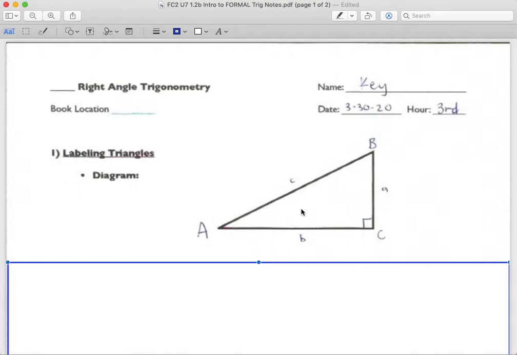Our vertices, the corners or angles of our triangles, are always labeled with capital letters. If the side lengths aren't labeled, you can assign the lowercase letter that's across from the side length. That is a way that you can label your triangles.